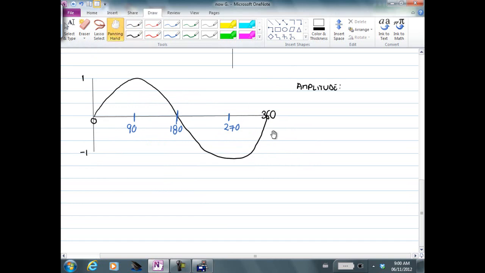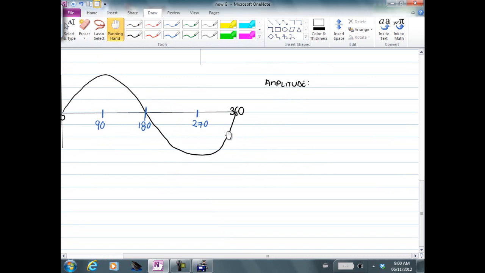So amplitude, again, today there's a lot of vocabs because you got to understand vocabs first before you do the problems. Amplitude is the distance from midline to highest or lowest point.